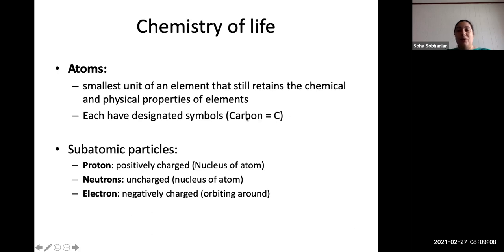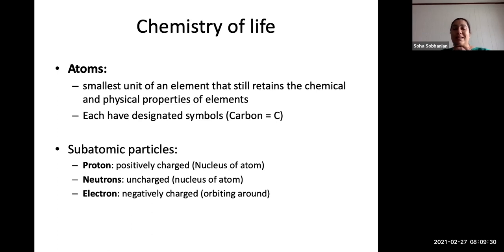For instance, as I provided for you, the capital letter C represents carbon, which is the most important building block of us as human beings, or any living organism on planet Earth, if I should say so.